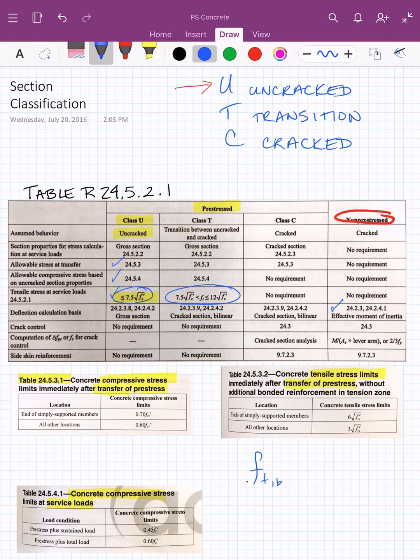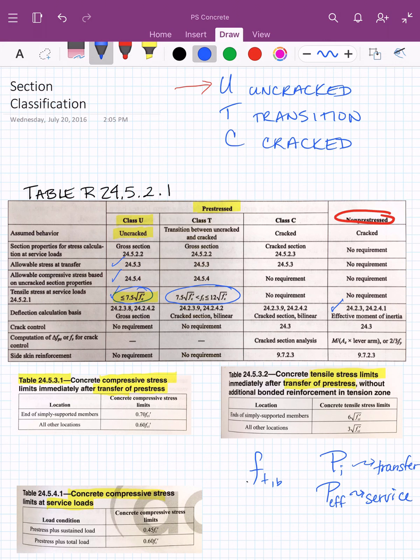You're going to calculate those values, and you're going to use a force P at transfer, which is called P sub i, and you'll use a different force when you're at service, which is P sub e. I like to put P effective because otherwise P times E looks a little bit too much like that.